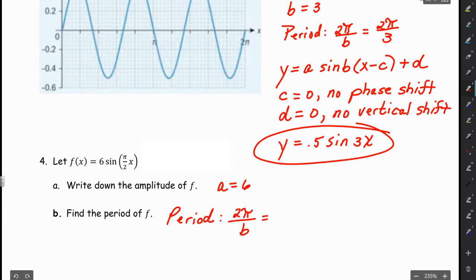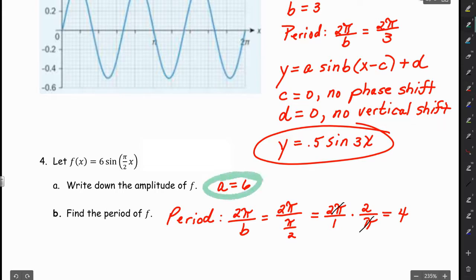And we know that B is pi over 2. Whenever you divide by a fraction, to simplify, you're going to multiply by the reciprocal of the denominator. The pi's cancel, and we end up with 4. So A is 6, and the period is equal to 4.